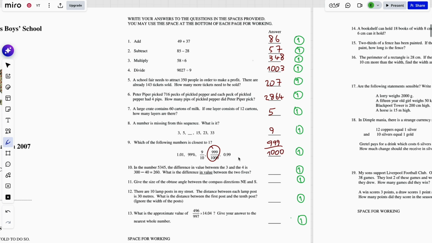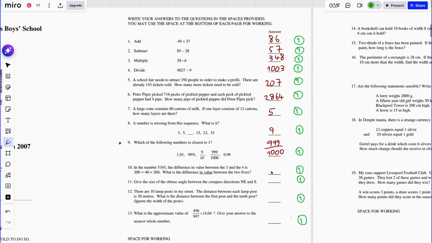For these questions where you have to choose out of a bunch of fractions and decimals and percentages, an equivalent fraction would not be allowed. So something like 9990 over 10,000 would not be allowed, even though it is an equivalent fraction. I'll speak more about that later.